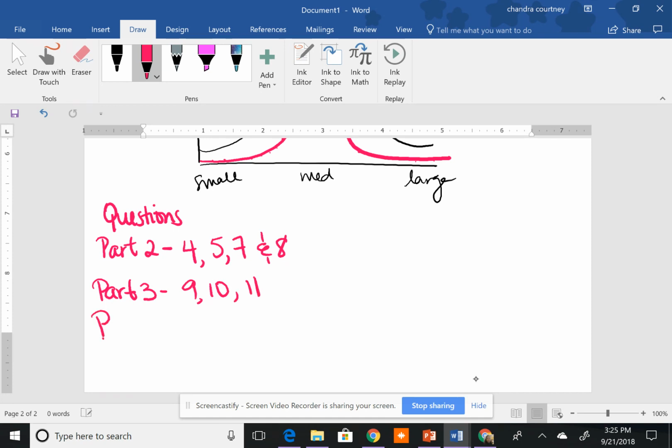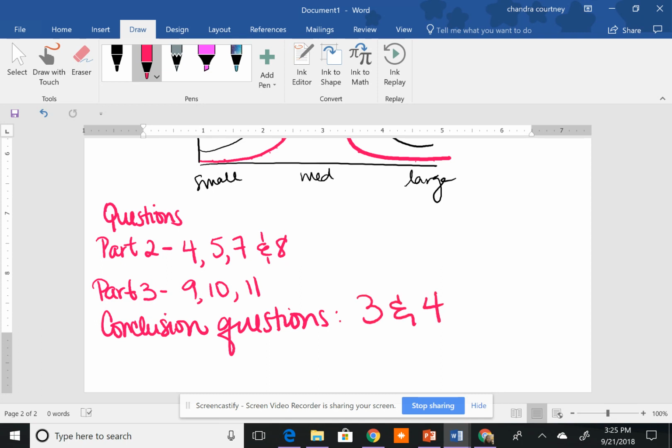And for the conclusion, so I wrote part 4, but it's actually just the conclusion. For the conclusion questions, you're going to do questions 3 and 4. Okay, and that's it for your lab.